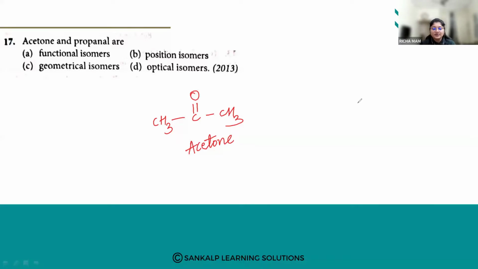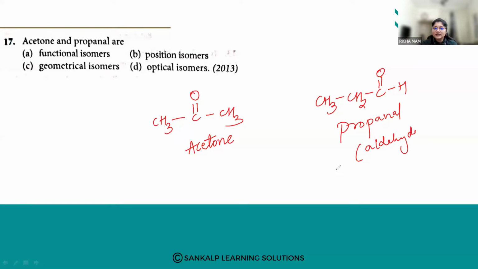And what is propanal? Propanal is CH3, CH2, C double bond O, H. So this is propanal, an aldehyde. This is a ketone. Count the number of carbon atoms. So this is C3H6O. This is also C3H6O.